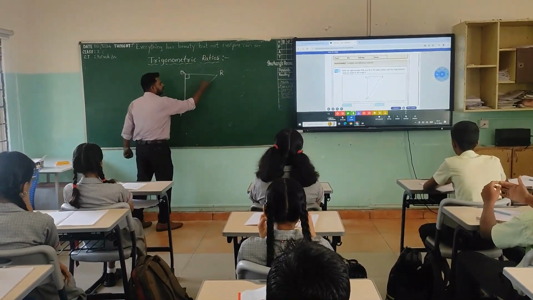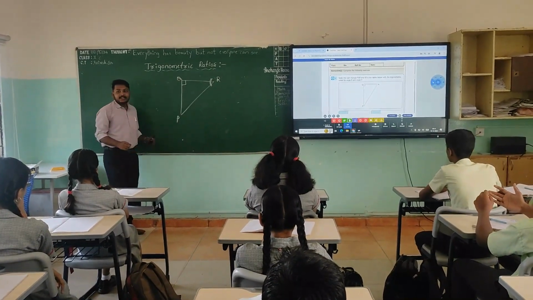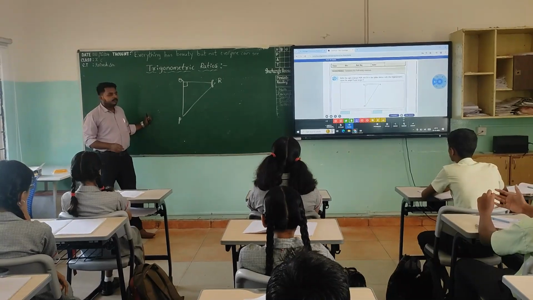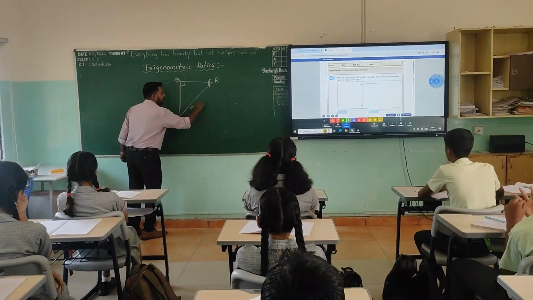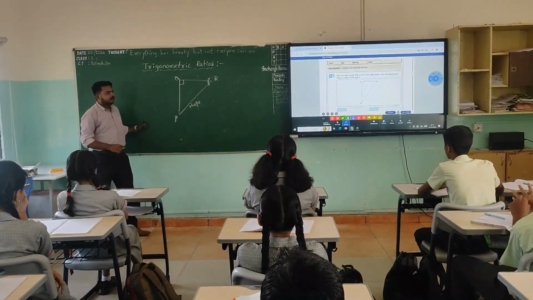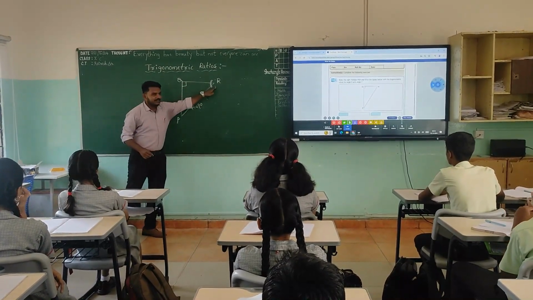First I will take the angle as R. With respect to angle R, which is the longest side? PR. The longest side we call the hypotenuse. Next, which is the adjacent side? QR is the adjacent side.